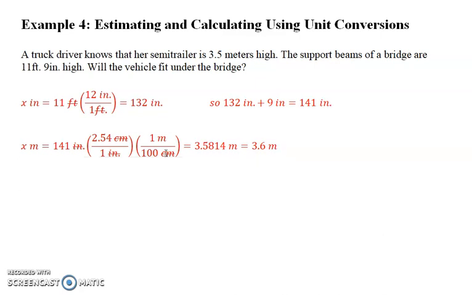So the question says the driver knows that the semi-trailer's 3.5 meters high. The support beams of the bridge are 11 feet 9 inches. So we are able to fit under, not by much, but we are able to fit under the bridge.